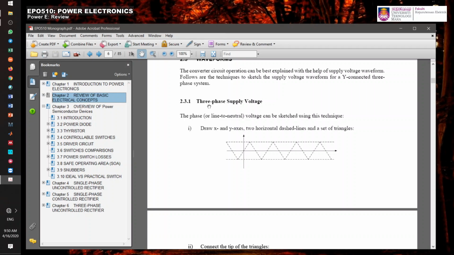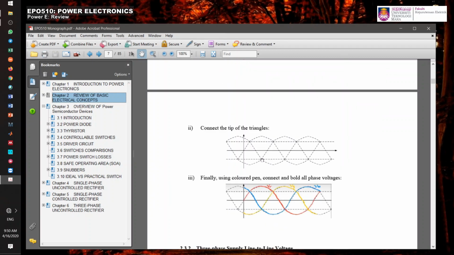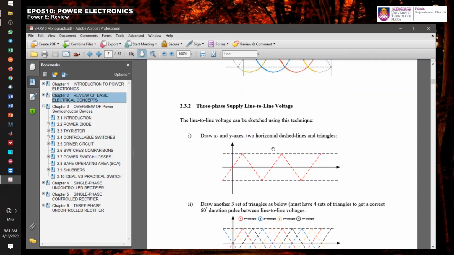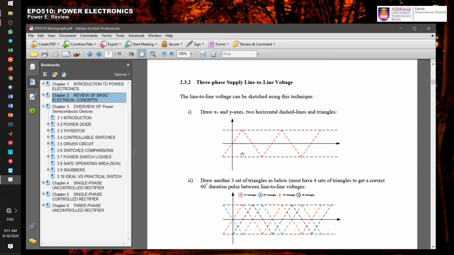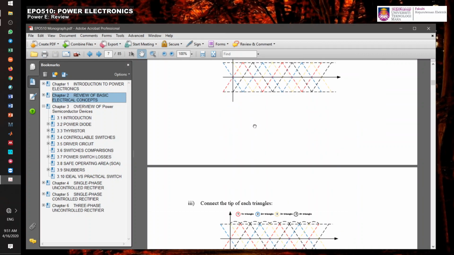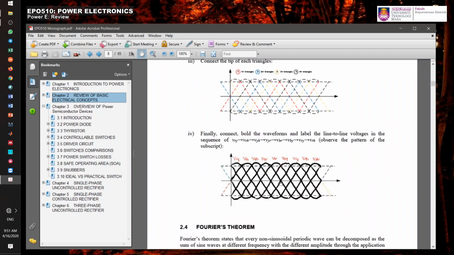So the first one would be a three-phase supply voltage. It is a phase voltage, and then we have this three-phase supply line to line voltage. Remember, we have phase voltage and also line to line voltage. So this is the technique for you to sketch a proper line to line voltage. Look at that, and this will be the final line to line voltage.